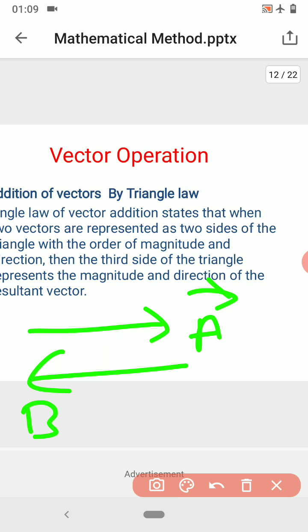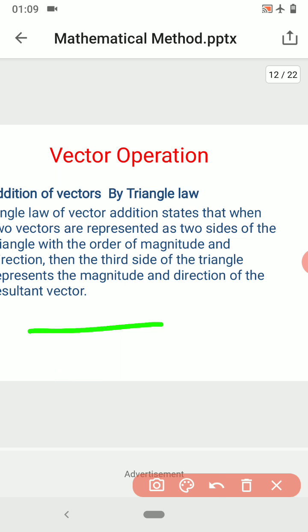Then the subtraction will take place, and the magnitude of their resultant is different. So instead of addition there will be subtraction.